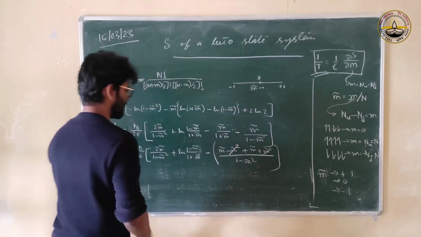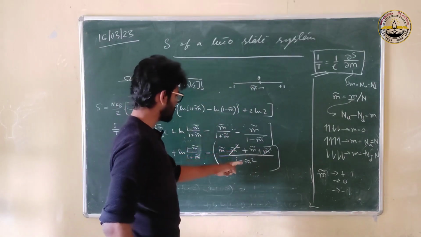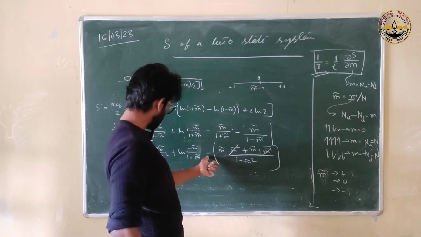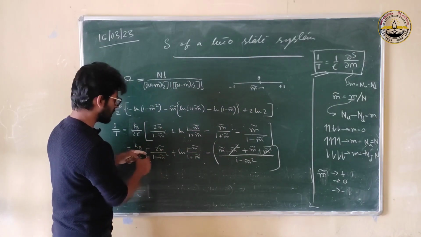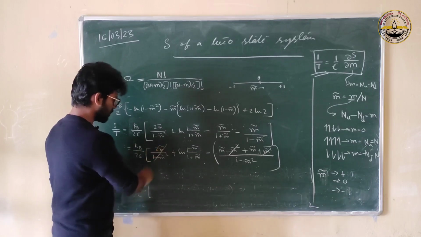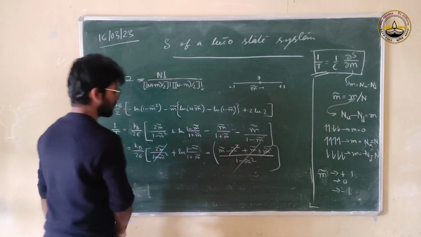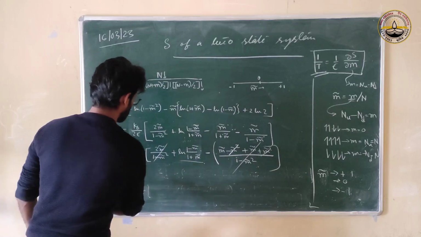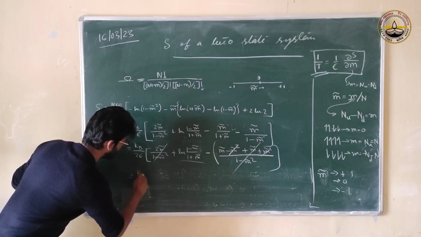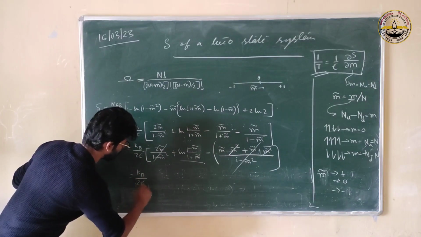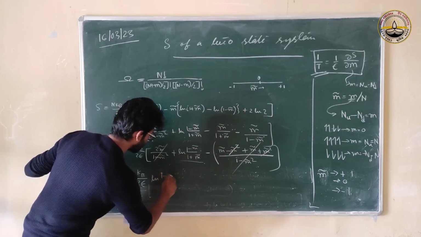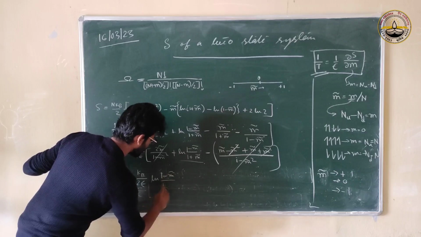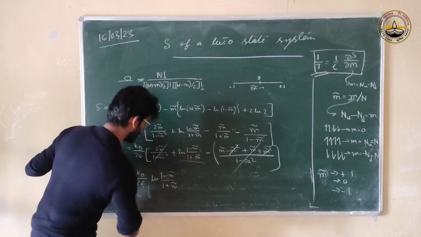This gets cancelled out, and this is 2m tilde by 1 minus m tilde square, minus. Here we have 2m tilde by 1 minus m tilde square, plus. So this whole thing, cancel this whole thing. So we have just this term. So basically kb over 2 epsilon log of 1 minus m tilde by 1 plus m tilde.